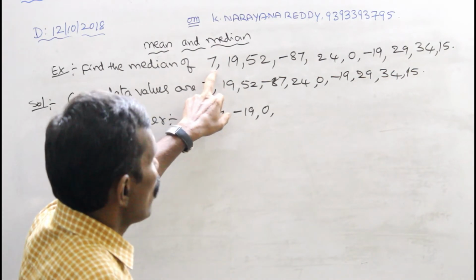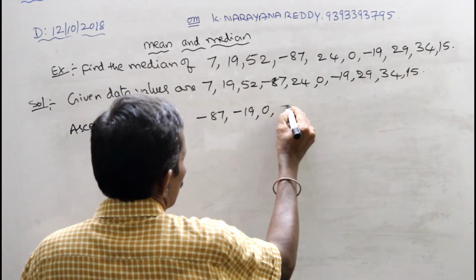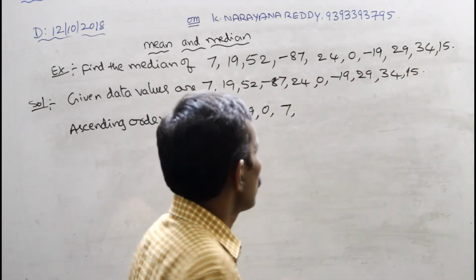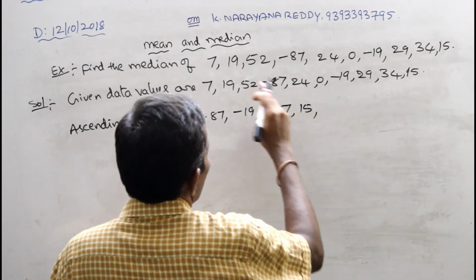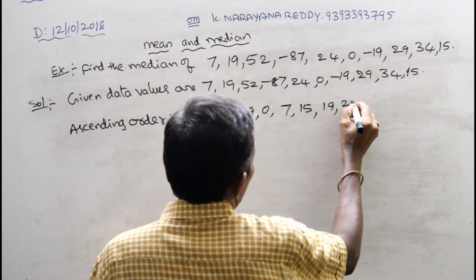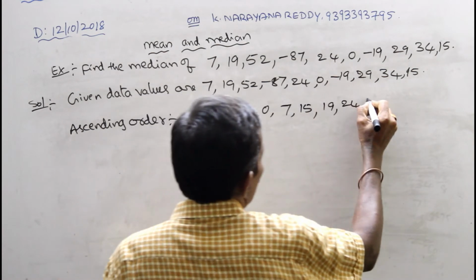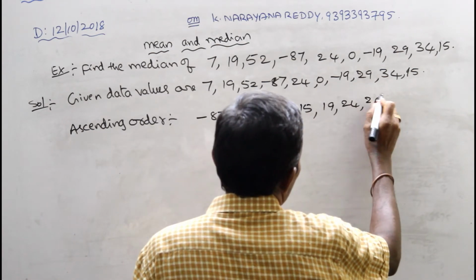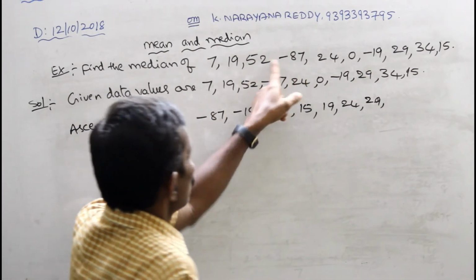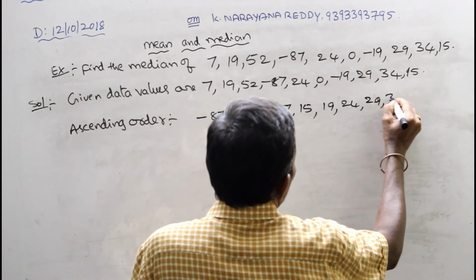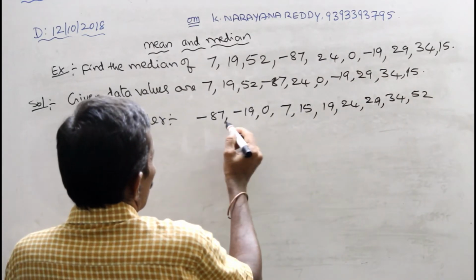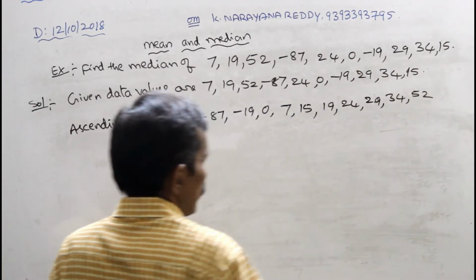Okay. Next one is 15. Next one is 19. Next one is 24. Next one is 29. Next is 34. Next one is 52. How many are there? 3, 6, 9, 10.